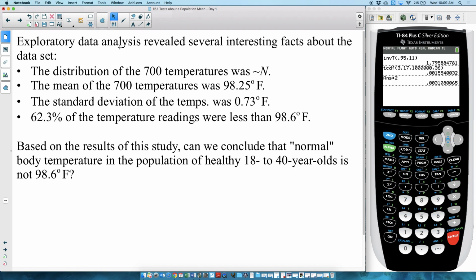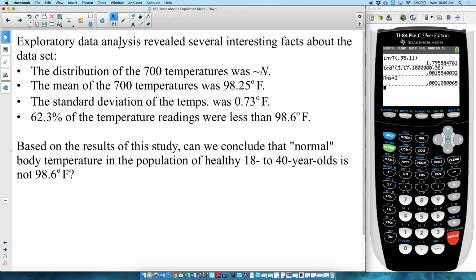And if the real average typical body temp was 98.6, how many would you expect to be less? And how many more? You'd expect that to be the median. But it wasn't in this sample. So based on the results of this study, can we conclude that, quote, normal body temperature in the population of healthy 18 to 40-year-olds is not 98.6 degrees Fahrenheit?